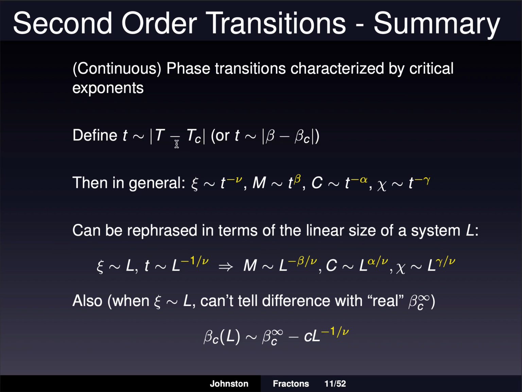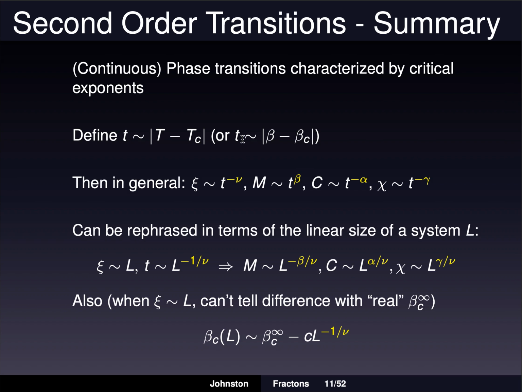To start with, we can define a small t variable, this variable here, that's giving us in effect our distance from the critical temperature where the phase transition takes place, or I could just as well write it in terms of the inverse temperature, beta, up to, again, a Boltzmann factor.